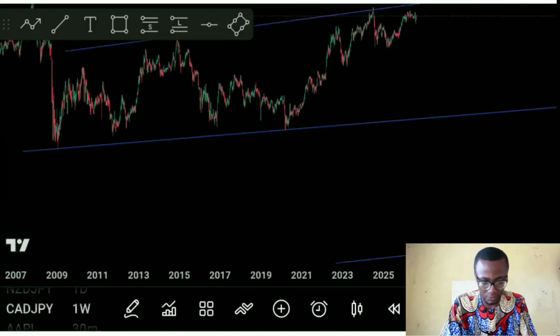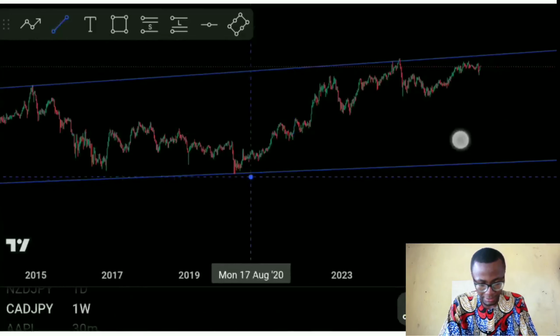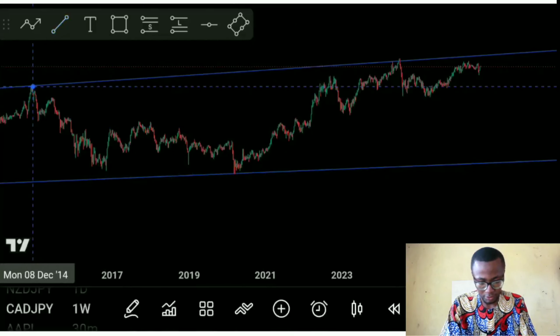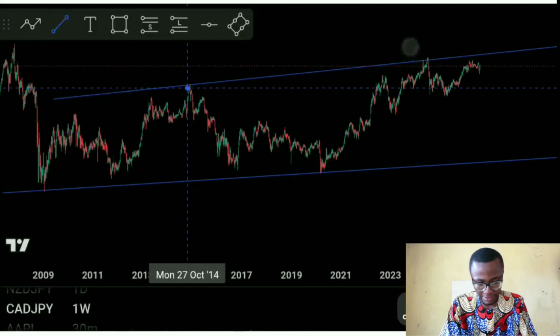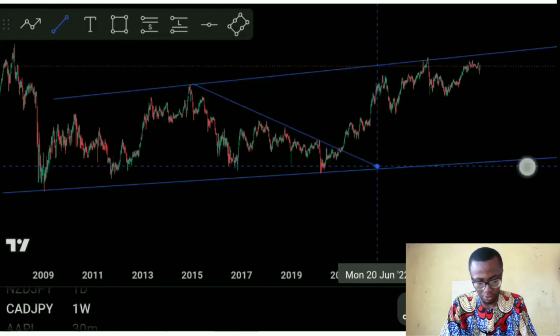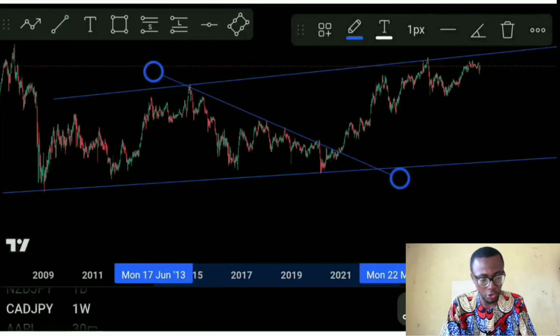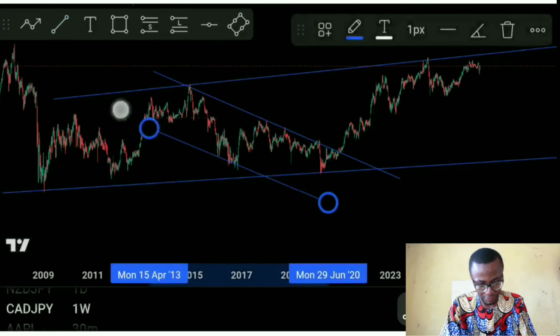Now, having marked that 1 week time frame, we need to also zoom in and mark. Look at here, from this resistance to the support, it's a downtrend. Now, we have to check whether this downtrend has finished forming. Are you seeing this downtrend?